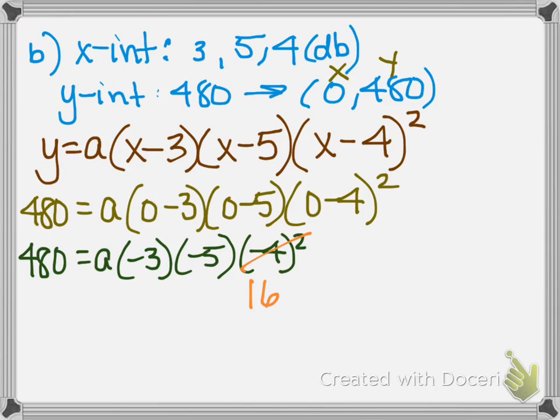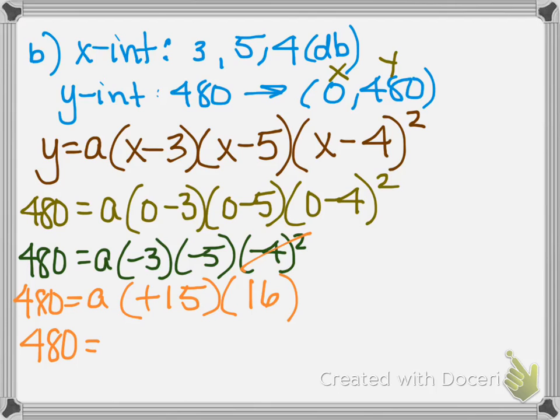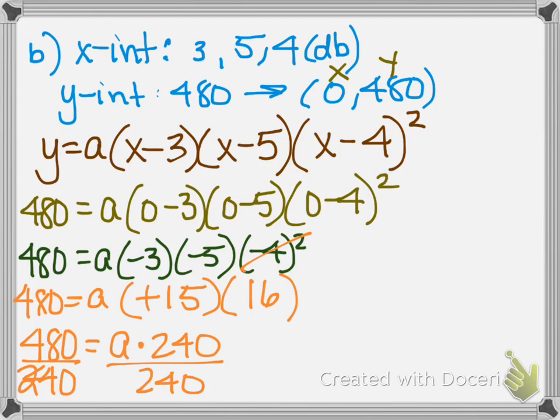So I have +15, from -3 and -5, times 16 is 240. So I have 480 equals a times 240, divide both sides by 240, and we find out that a equals 2.